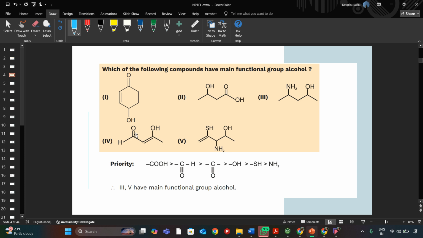And in five, we have thiol and amine other than hydroxy group. Hence, only two compounds in this list will have hydroxyl group as the main functional group, which will be 3 and 5. You just have to remember this priority order to solve this question.